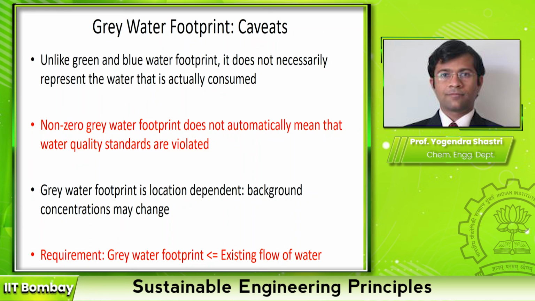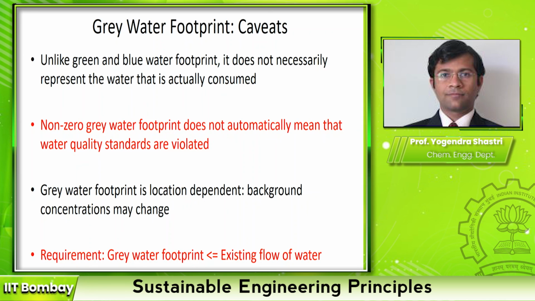It doesn't mean that in the actual production process that much water is really consumed, because some industries actually may not be following the regulations. So grey water footprint is more conceptual in that sense. The actual water used by a particular industry to take care of pollutant could be less.